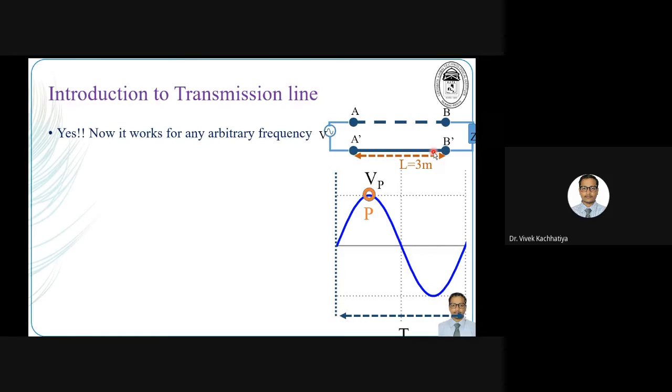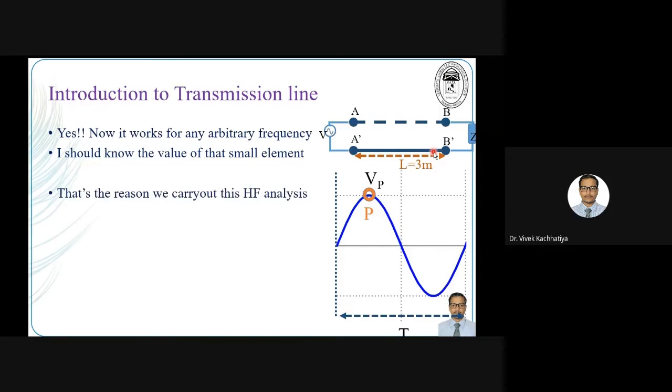Okay, so now we understood that it will work for any arbitrary frequency. So I should know the value of that particular small element. Since we have applied delta length tending to zero, whatever value is there for one element will be continuous for all the rest of the line.